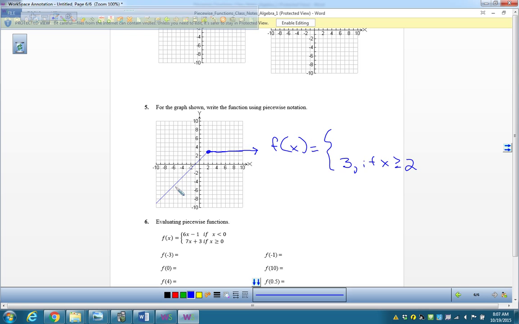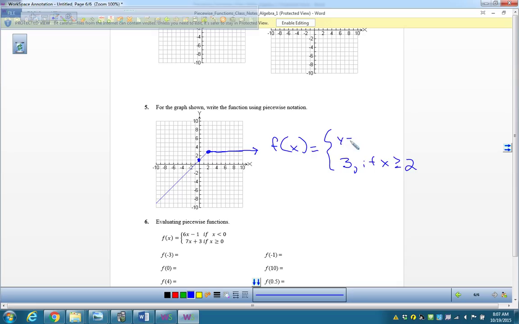Now I got to find the equation of this line, okay? Well, you could kind of look at the graph. What's the y-intercept here? 1. What appears to be the slope? 1, right? So you're going over 2 up 2, that's a slope of 1. So I could write this equation, okay?